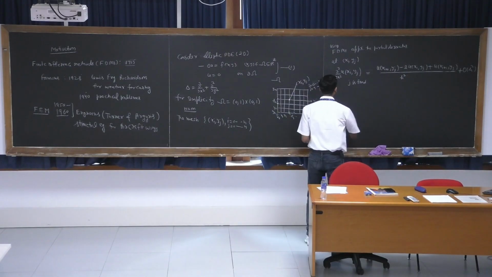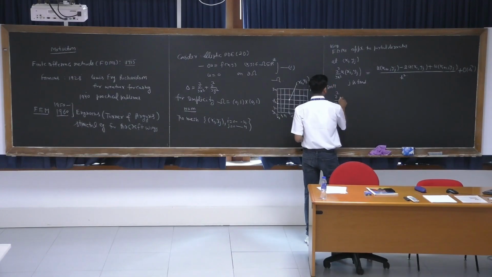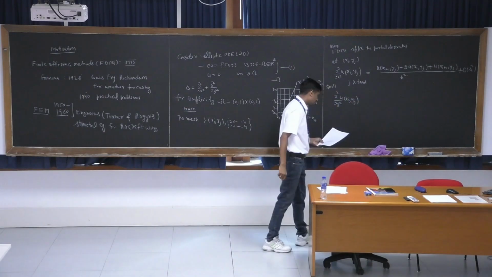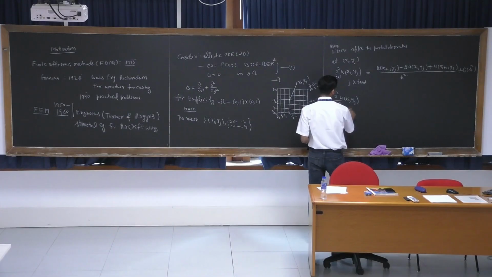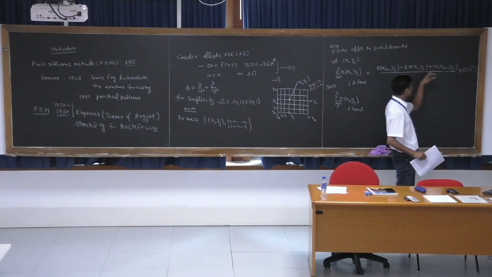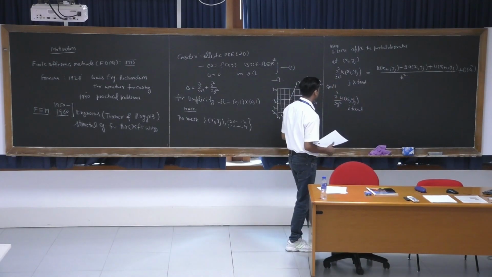Similarly, the second derivative at the point xi, yj, but here i is fixed. Before, j was fixed, but now i is fixed.